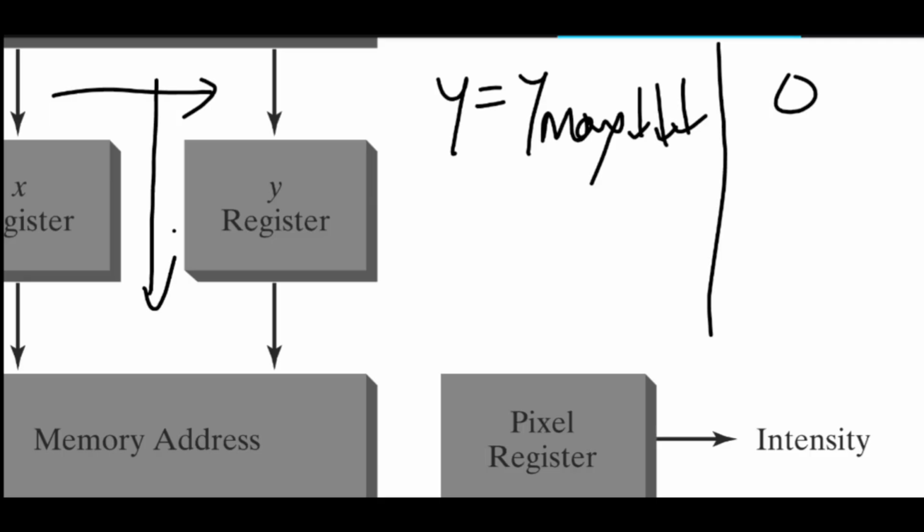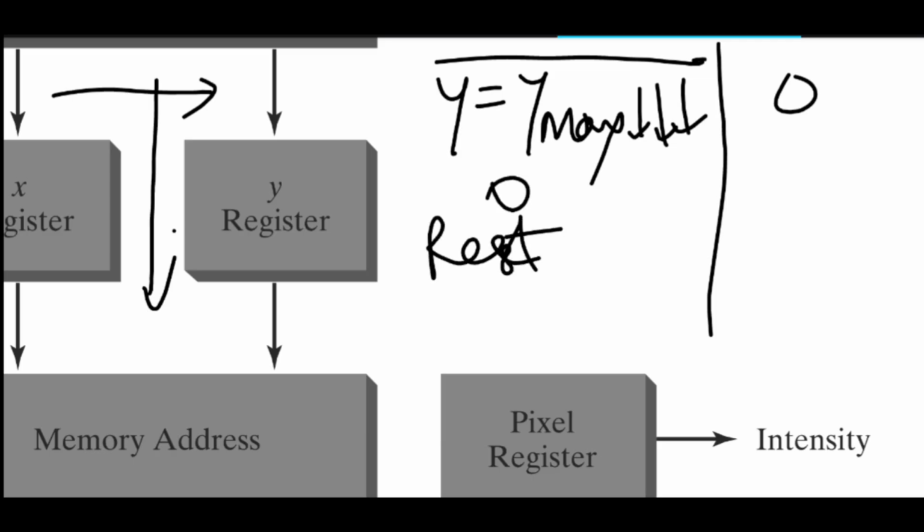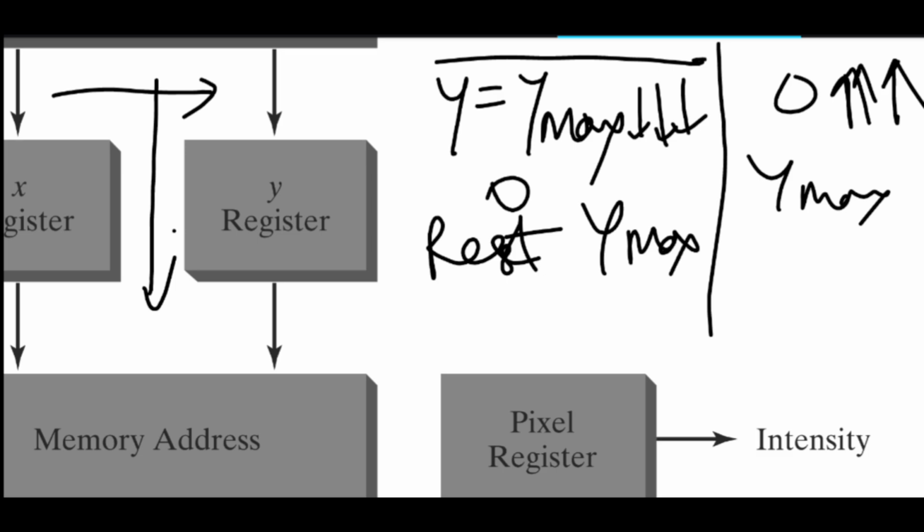It decreases to 0 and then resets to Y max. If the Y value is 0, then it is increasing up to Y max and then resets to 0.